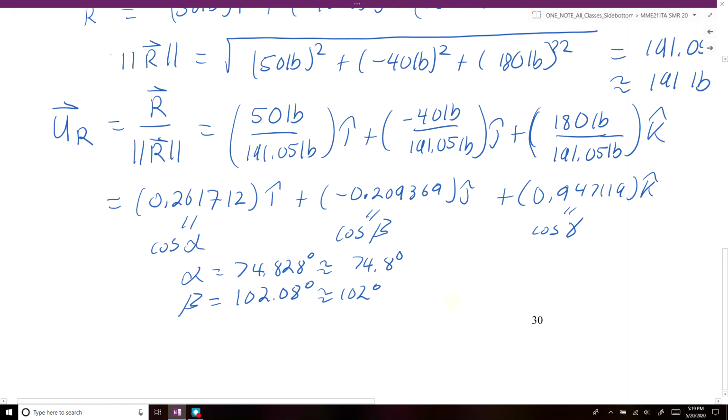And then if we take the inverse cosine of the z component of our unit vector, we end up getting 18.716 degrees, which is approximately 18.7 degrees.